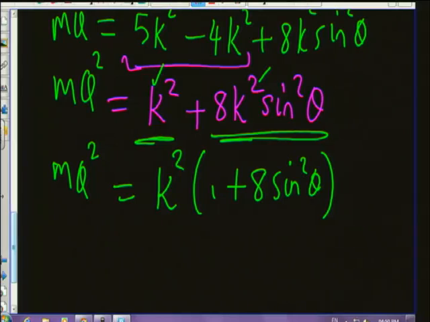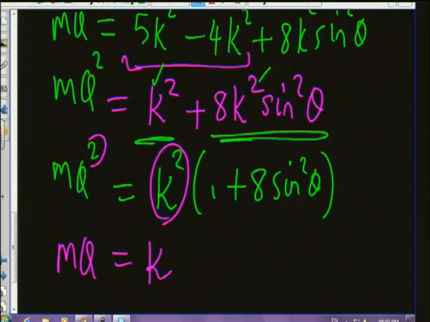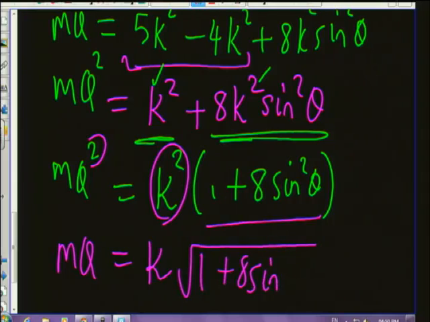Now we need to make MQ the subject of the formula, but I have a square here. To remove that square, I need to square root both sides. So if I square root MQ squared, I get MQ equals the square root of k squared, which is k. This is a term, so the square root of that I don't take, so it's 1 plus 8 sine squared theta.